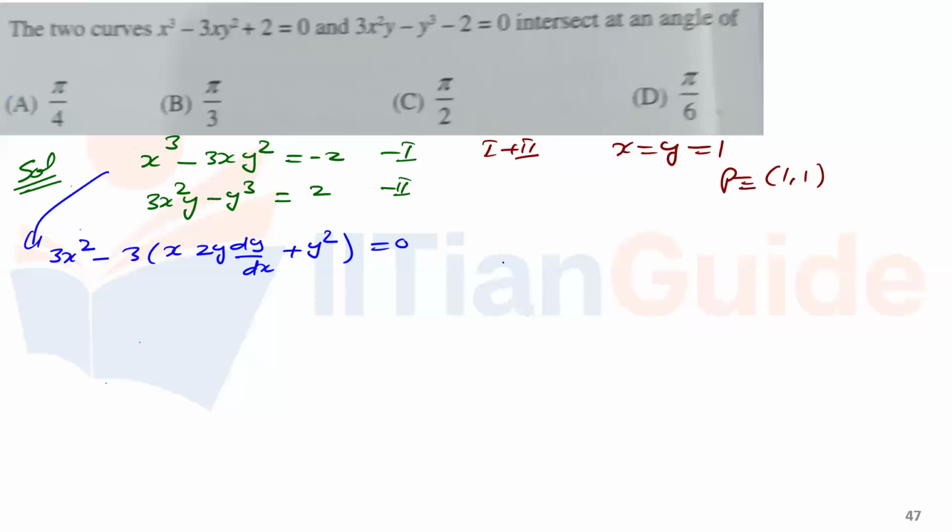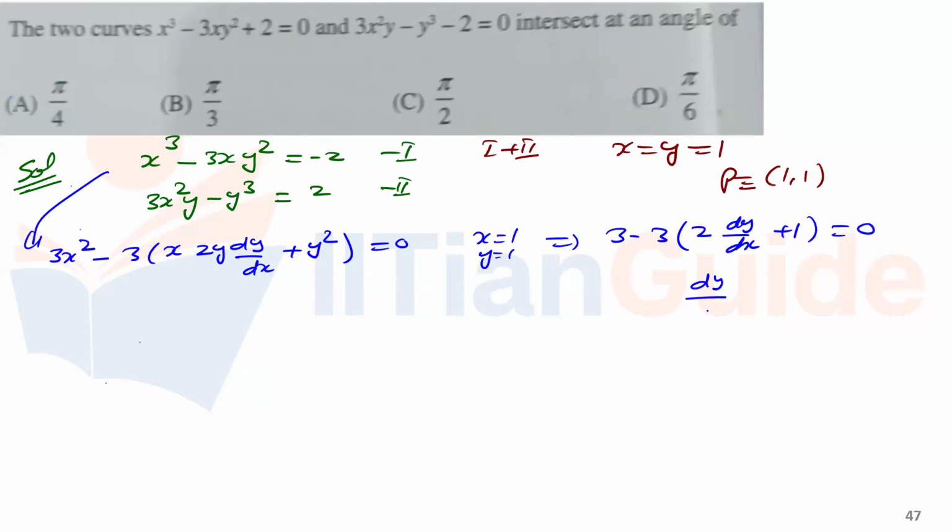Just put x to be 1, y to be 1. You will get the value of dy by dx directly. Then I am getting 3 minus 3 x into 2y, that will give me 2 dy by dx. After that, plus y square, that is 1, that is equal to 0. So what I am getting, 3 gets cancelled, so 1 minus 1 dy by dx is 0. Am I right or not? जल्दी बोलिए.